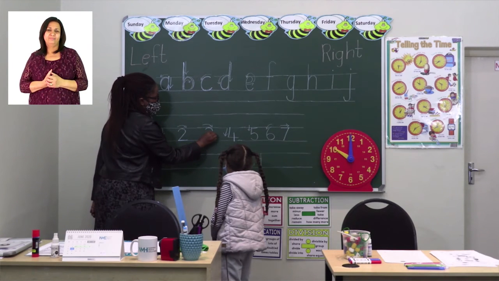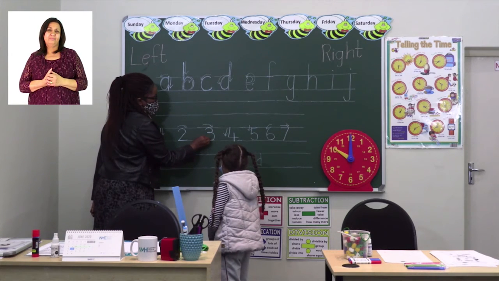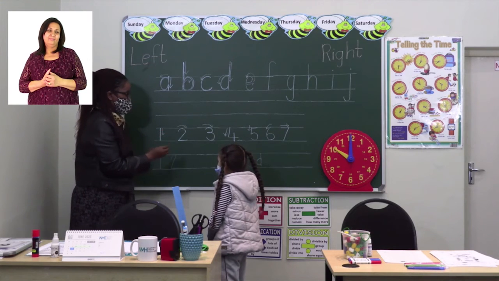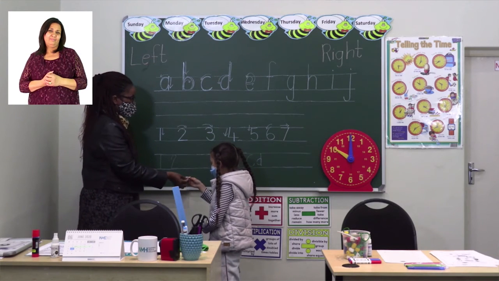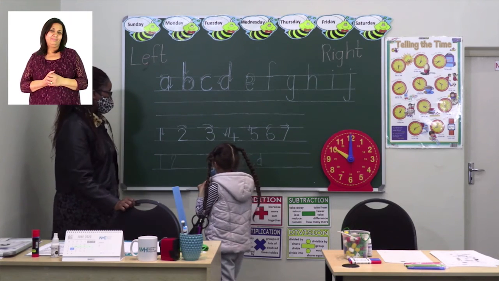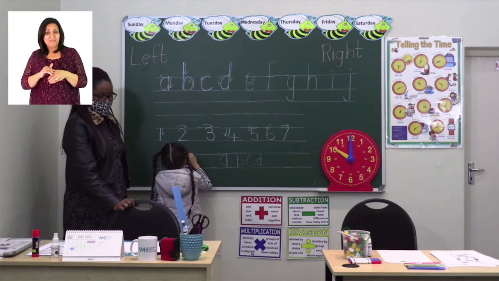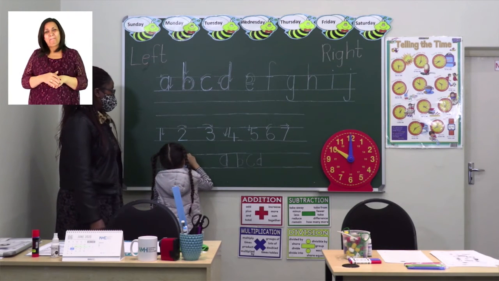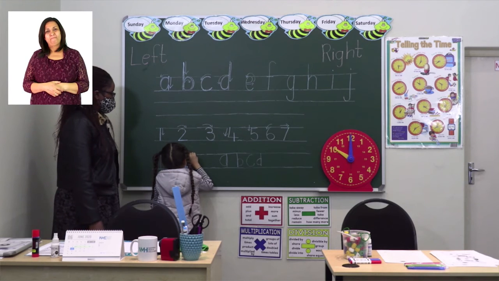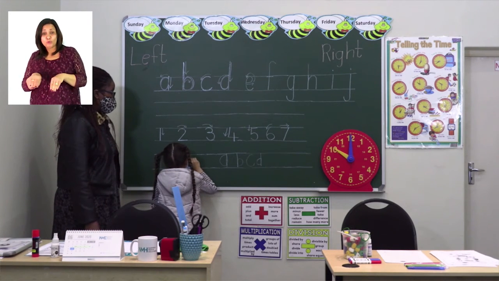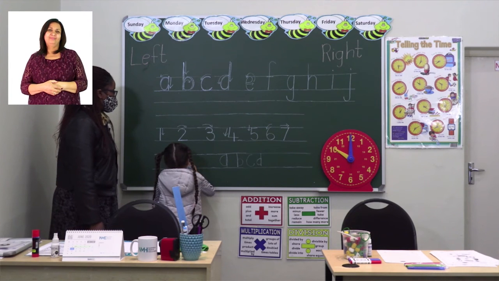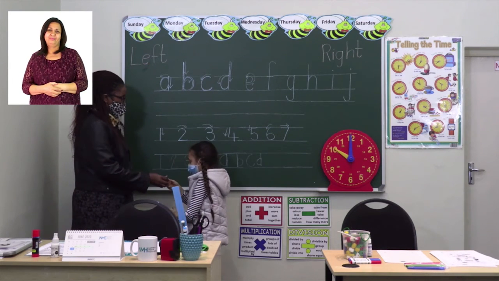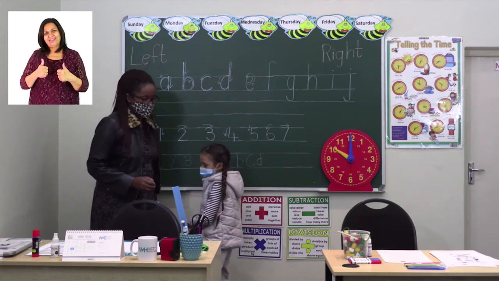We make another bump. And there we stop. That's how we write number 3. And my friend is going to demonstrate. As my friend is demonstrating, you should be able to do the same in your booklet. Follow the arrows shown in the booklet. Well done. That is very good.